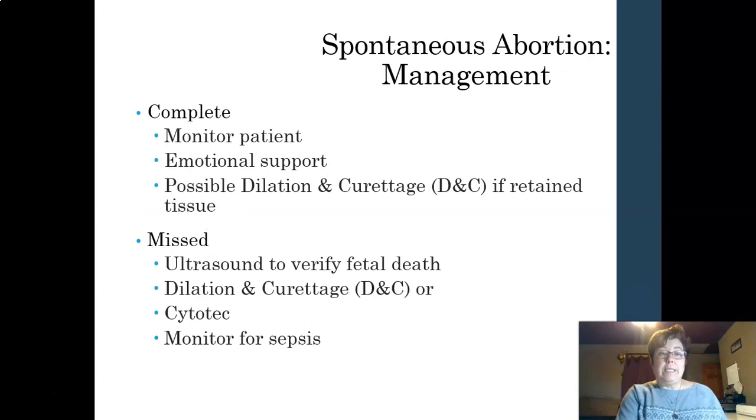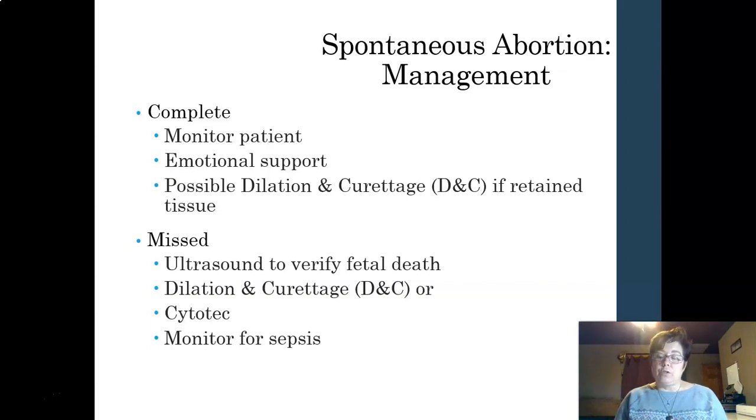If it's a complete, they need to be sure that all of the tissue has been passed. So they would maybe monitor her for a little while. Some doctors will just go ahead and do a D&C also, just to make sure that all of the tissue is removed, okay?